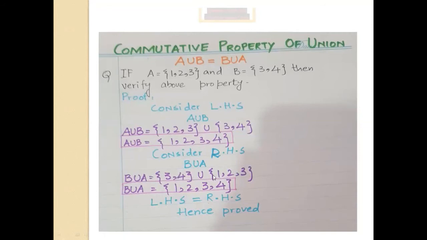If you combine these two sets, we get 1, 2, 3, 4. Here we are using ascending order; it is better to follow ascending order. This is the combination of B union A, and we see A union B equals B union A. So the left hand side is equal to the right hand side, hence the commutative property of union is proved here.